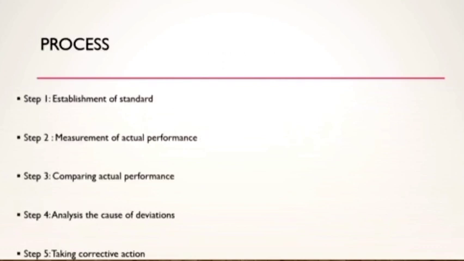The controlling process involves various steps, and we are going to discuss them. They are: step 1, establishment of standard; step 2, measurement of actual performance; step 3, comparing actual performance; step 4, analyzing the cause of deviation; and step 5, taking corrective action.